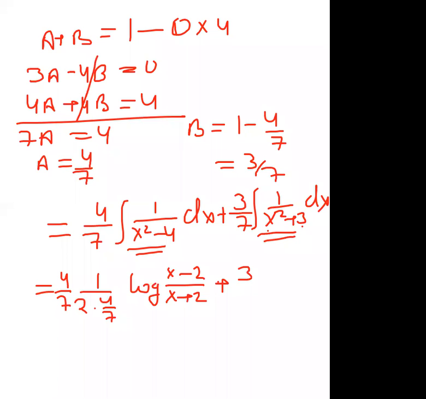Plus 3 by 7 times the integral of 1 upon x square plus a square, which is 1 upon a tan inverse x upon a, where a is root 3 whole square. So 1 upon a tan inverse x upon a plus c. This will be the answer.